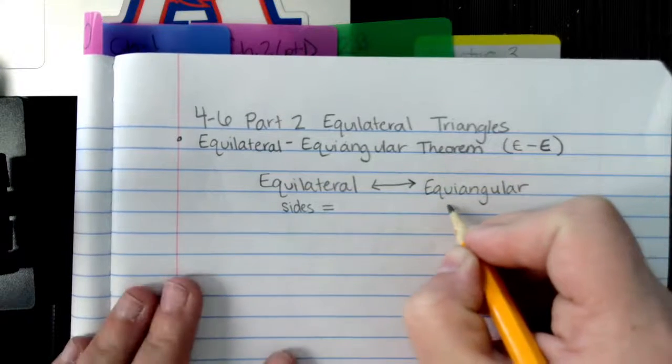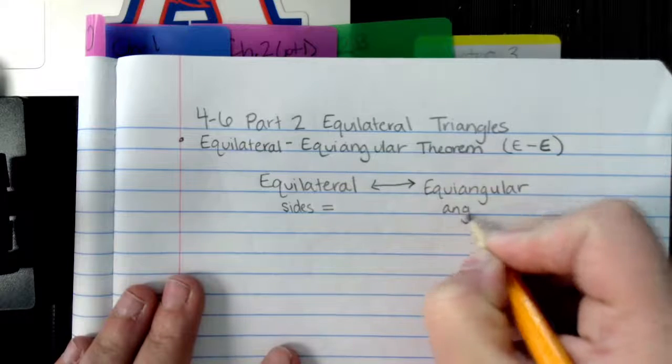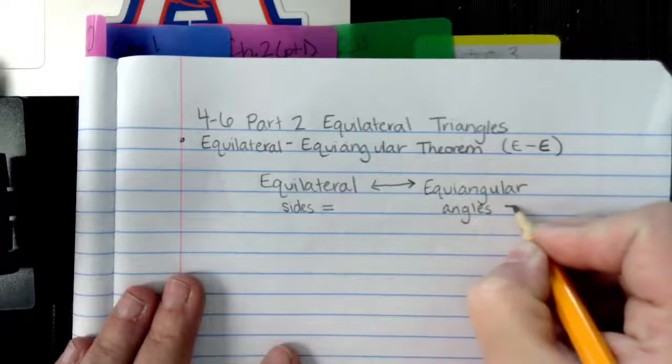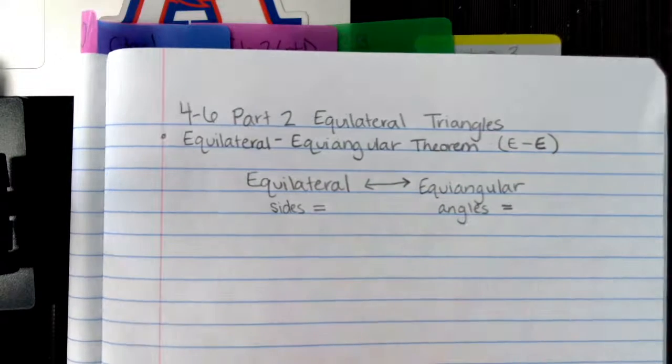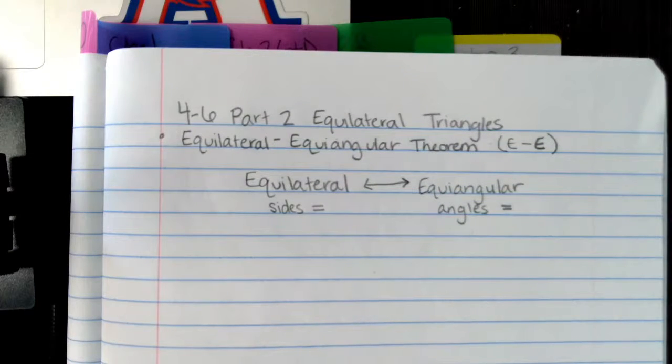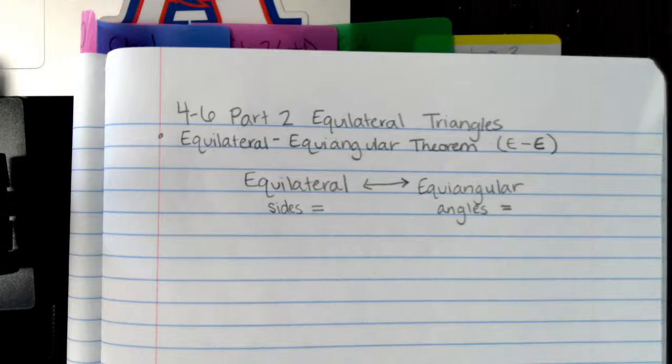All the angles are equal, yep. So these happen at the same time. If we know that all the sides are equal, we can assume all the angles are equal. Or vice versa, we can swap that around. If we know all the angles are equal, then we can say all the sides are equal. So these always happen at the same time. Okay?